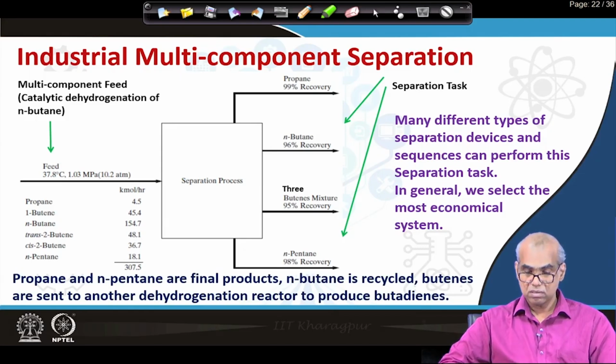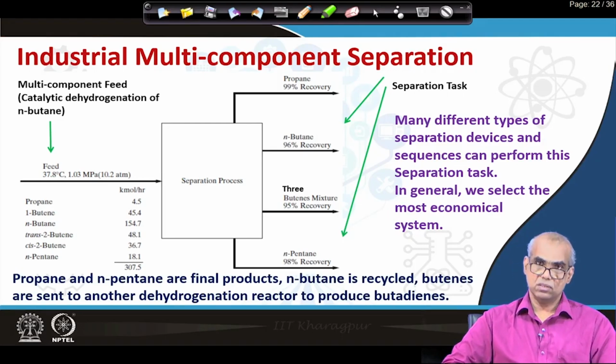These butenes are sent to another dehydrogenation reactor to produce butadiene. Okay. So, many different types of separation devices and sequences can perform this separation task, and obviously, as a process engineer you will select the most economical one.